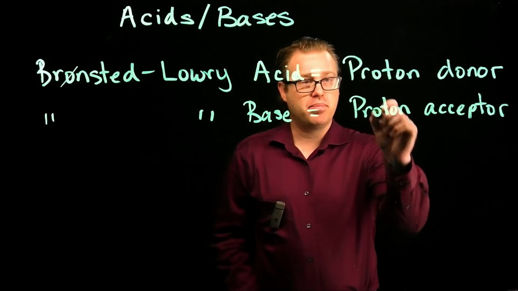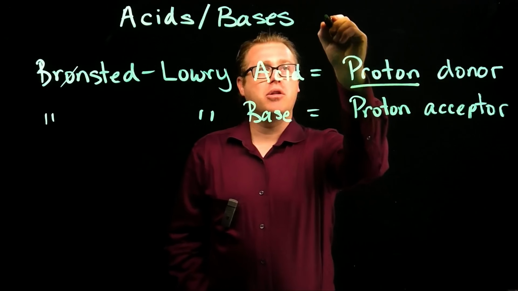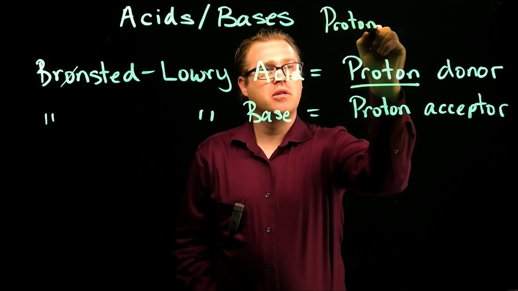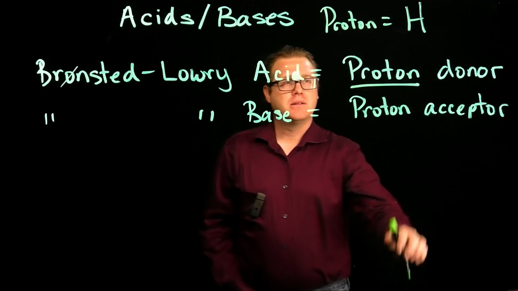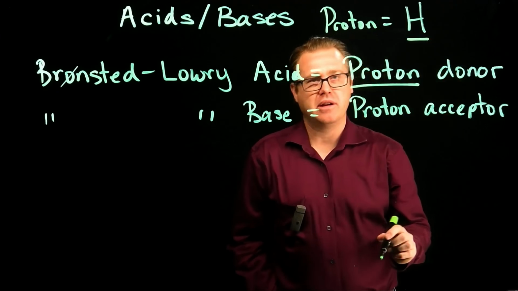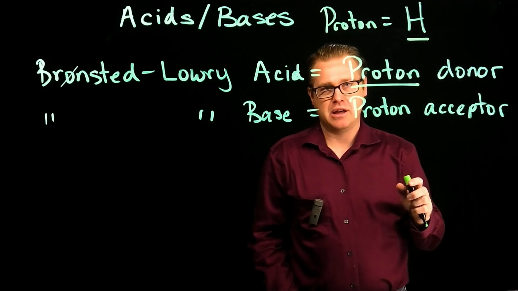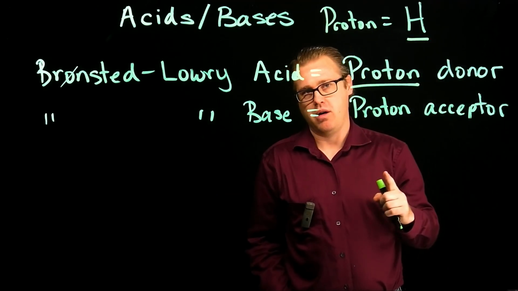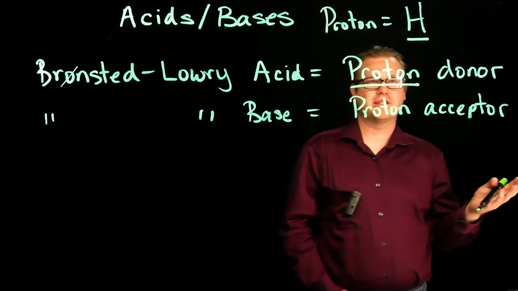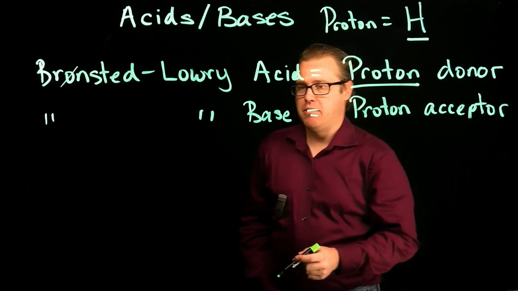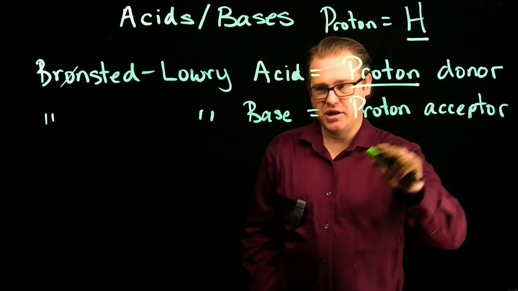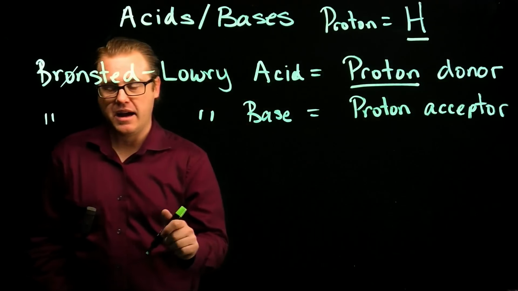And when I say proton, a proton is a hydrogen atom. When we look at the nucleus of a hydrogen atom, we have one proton. And so we just call hydrogens protons. Now let's look at this definition in a reaction scheme.